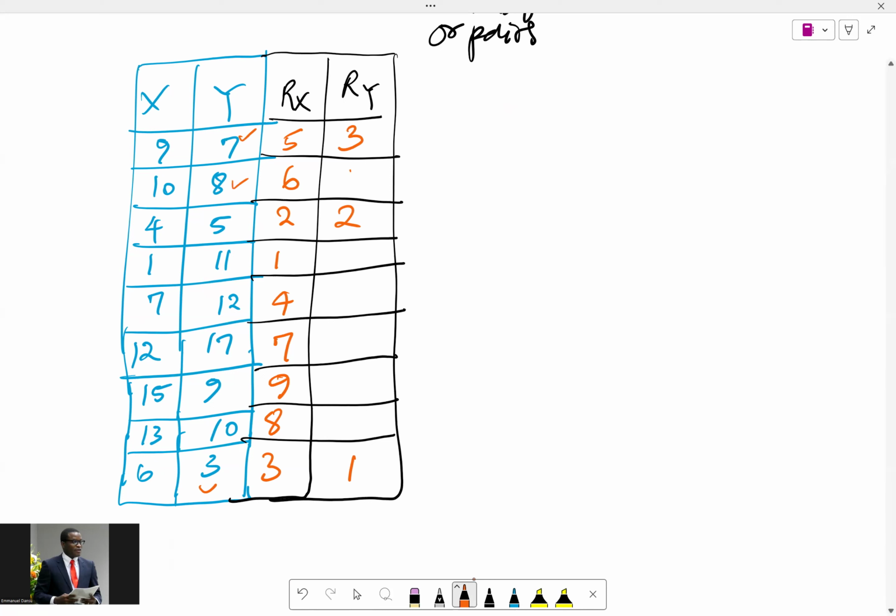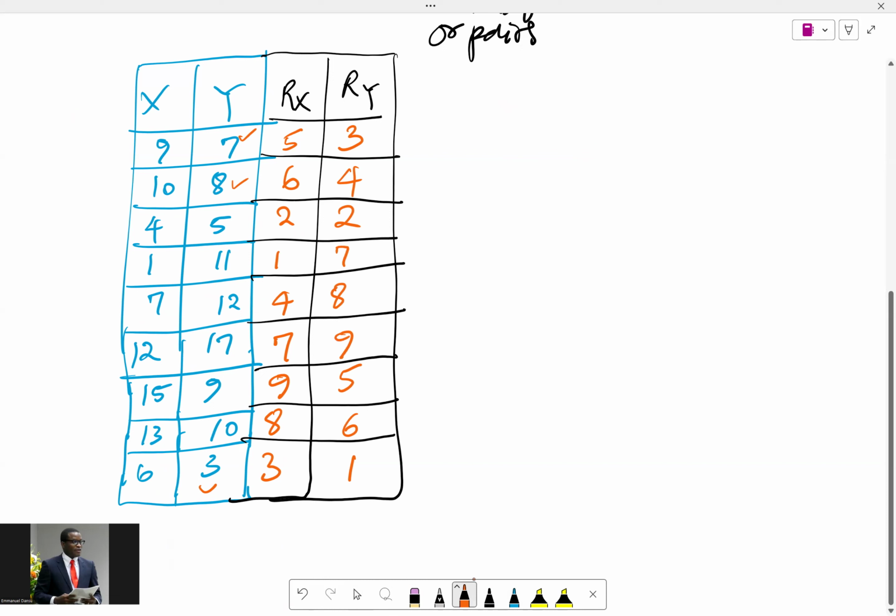Then 8 is number 4 in rank. Then 9 is number 5 in rank. Then 10 is number 6. 11 is number 7. 12 is number 8. And 17 is number 9.